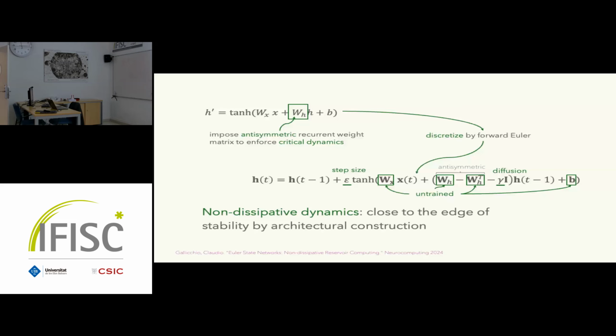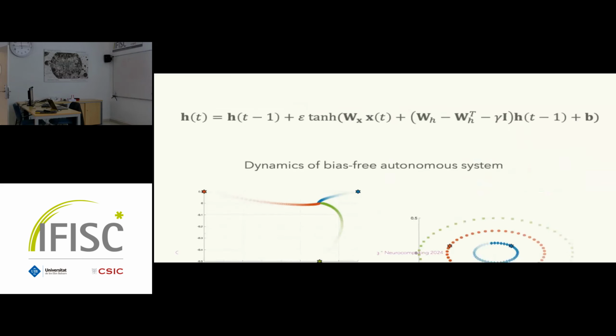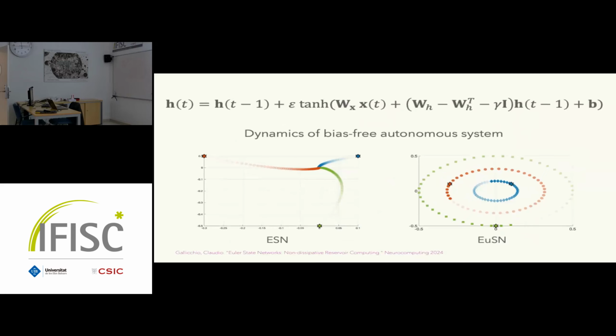But the overall bias of my architecture now is no longer towards dissipative fading memory dynamics, but is exactly non-dissipative dynamics. So if I want to model a system and so to solve a task where I need to have this non-dissipative property, then using these equations, I can do that.